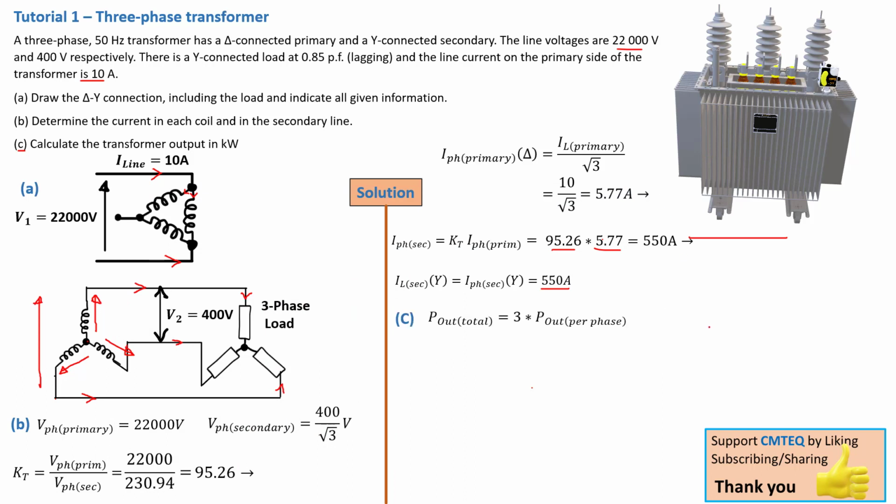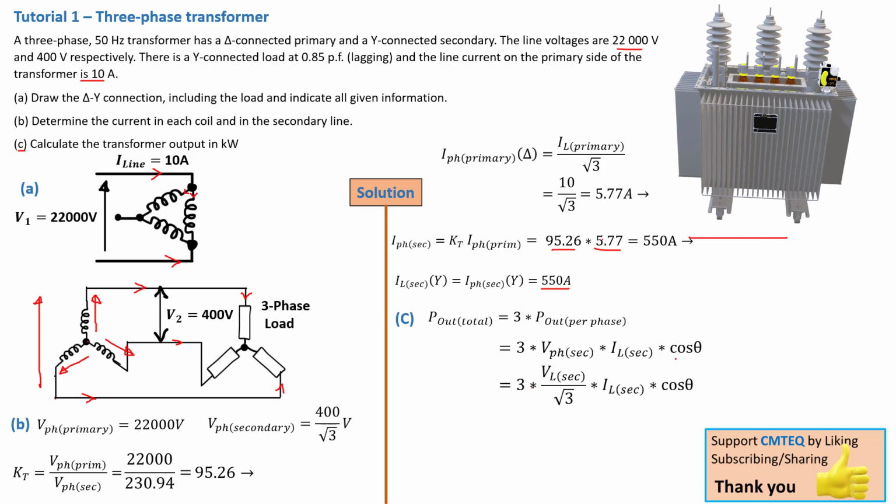So to calculate the power, we know that P out total is 3 times P out per phase. And that's exactly what I just explained. So the power in each one of these phases added together will be the total power in this transformer output. So that will then mean 3 times V phase secondary times I line secondary. We can say I phase secondary, but because we know that I line secondary is equal to I phase secondary, it's exactly the same thing.